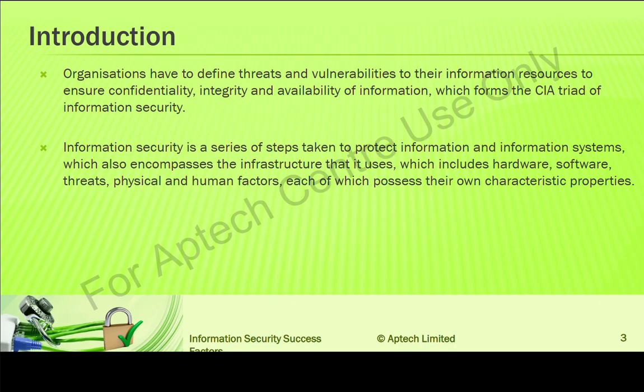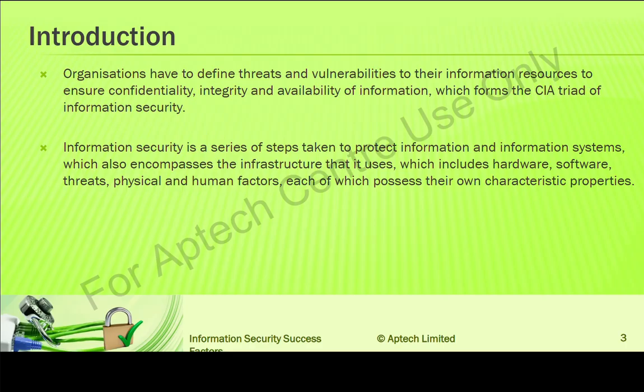So organizations have to define threats and vulnerabilities to their information resources to ensure confidentiality, integrity, and availability of information, which form the CIA triad of information security.